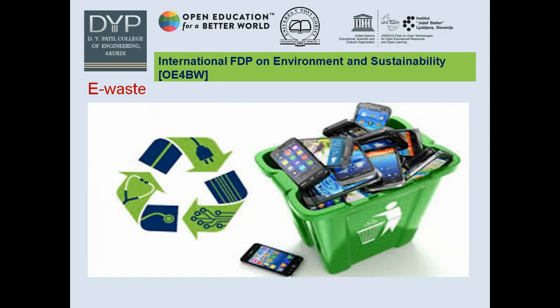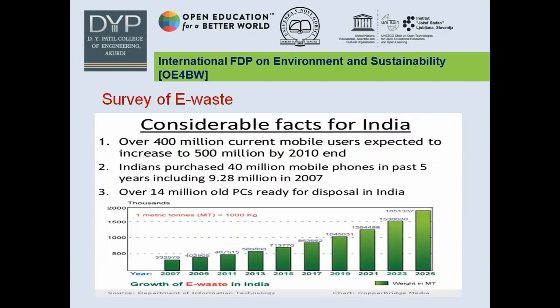That e-waste we define in our India: over 400 million current mobile users are expected to increase to 500 million by 2010 end. So in this survey, taken from 2007 up till 2020, the graphic shows that the graph increases linearly.